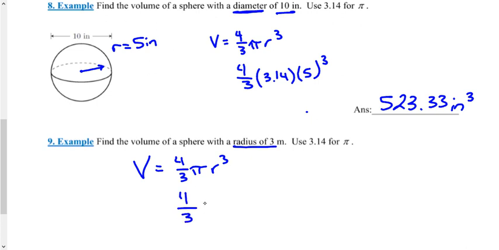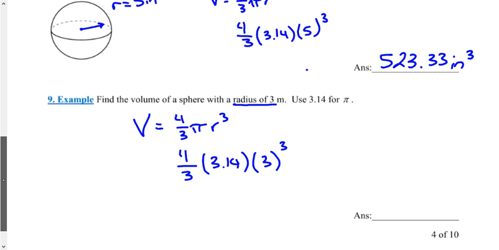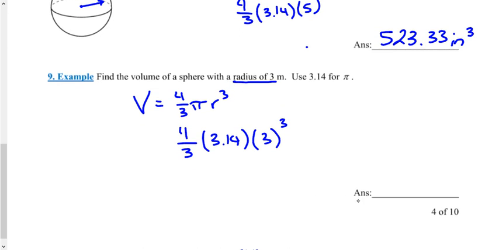So 4/3 times 3.14 times 3 cubed. We don't need to cut that 3 in half because it's already the radius. And you put that into your calculator, you should hopefully get 113.04 cubic meters. Okay? All right.